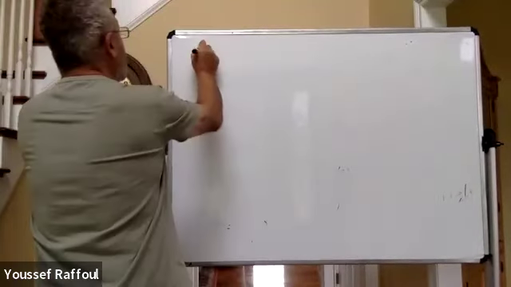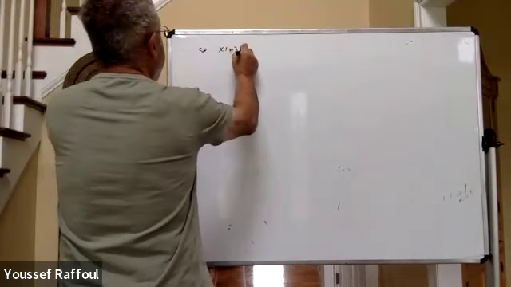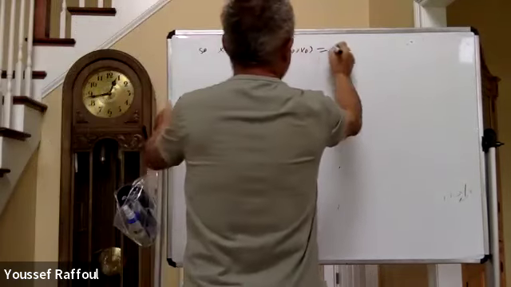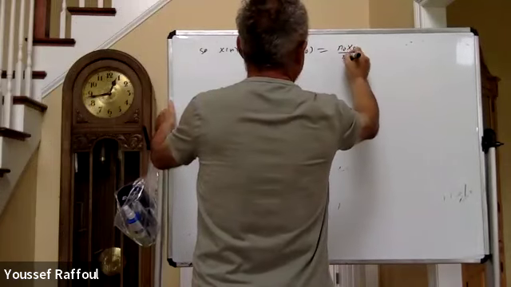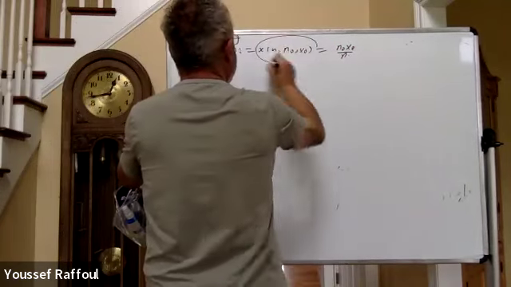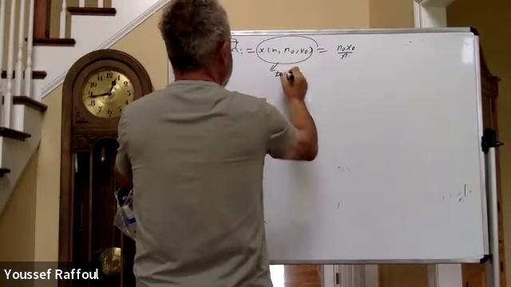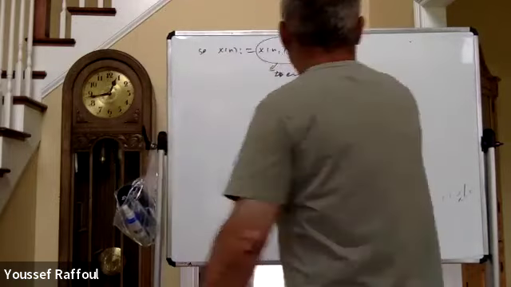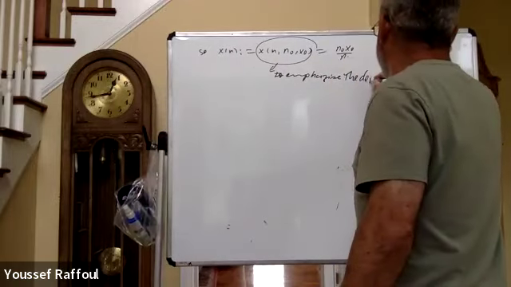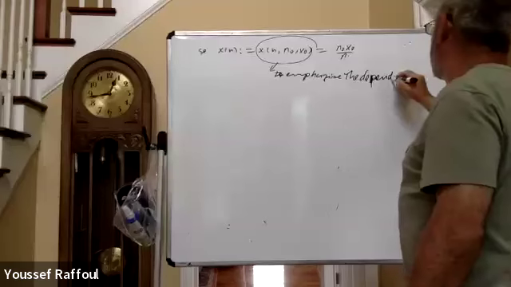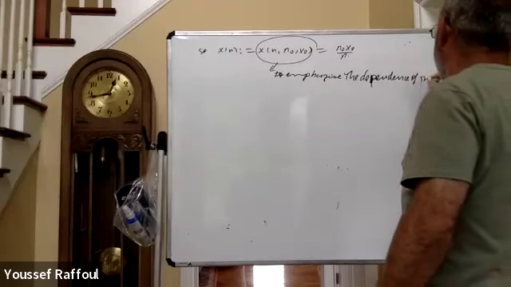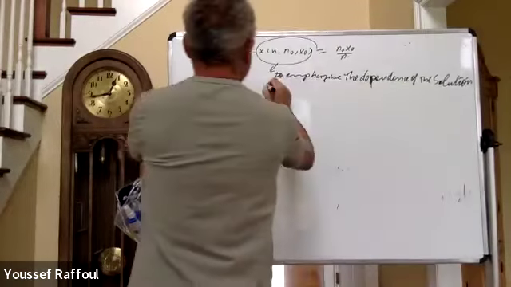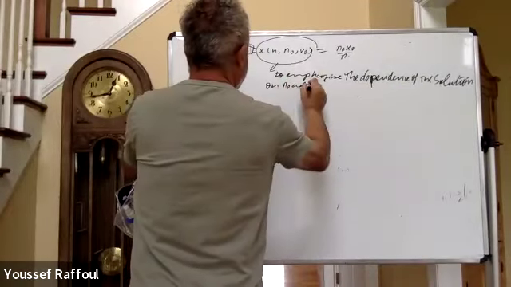So xn(n0, x0) is n0 x0 over n. This is to emphasize the dependence of the solution on n0 and x0.